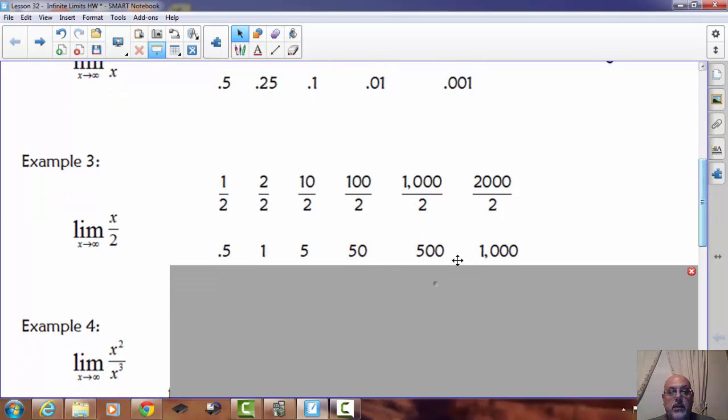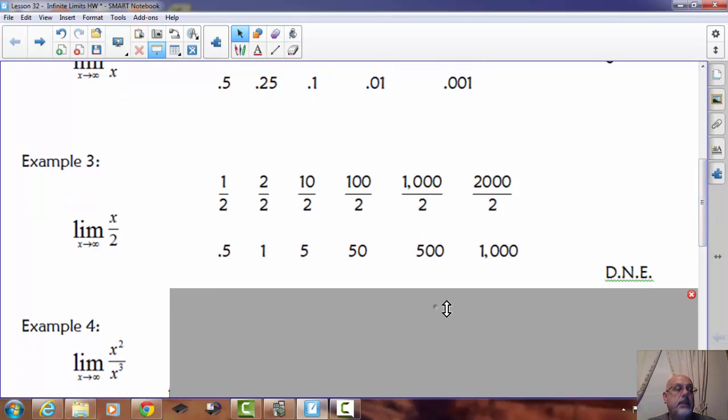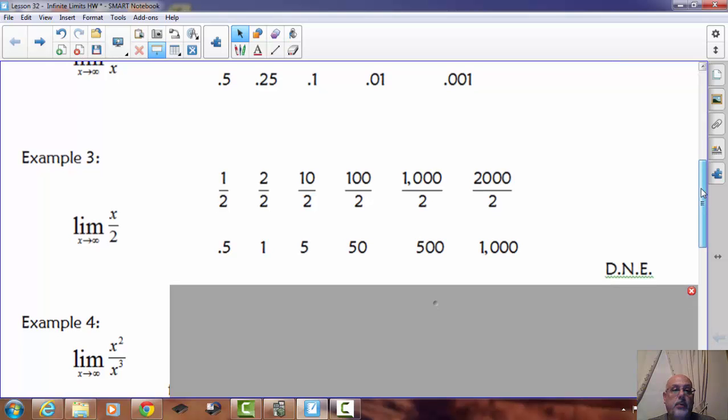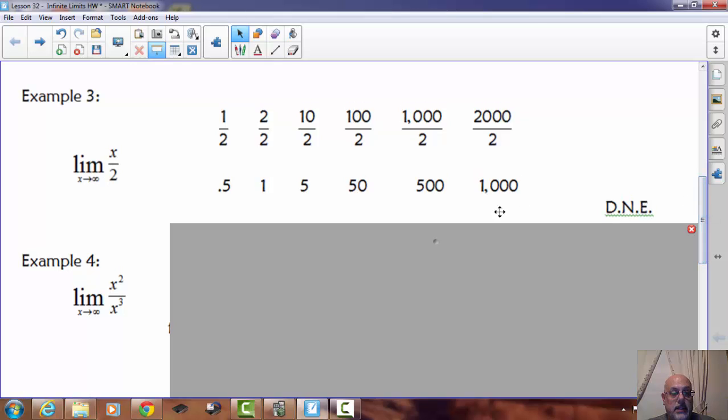That will continue to go up and up, so the limit doesn't exist. No matter what I put in for x, I'm going to divide by 2, and y will just keep going. So the height of this graph will be infinity, actually. At that point, we conclude the limit does not exist.